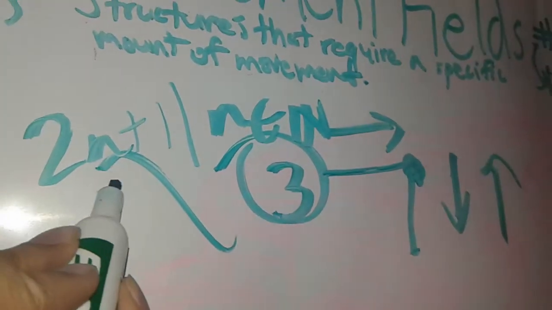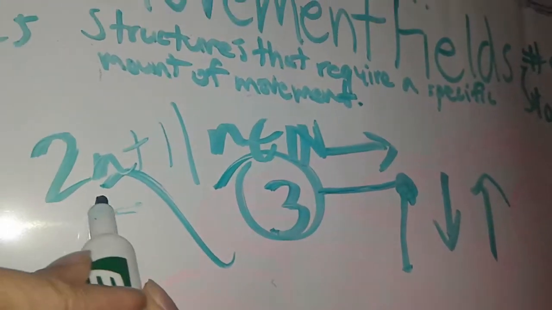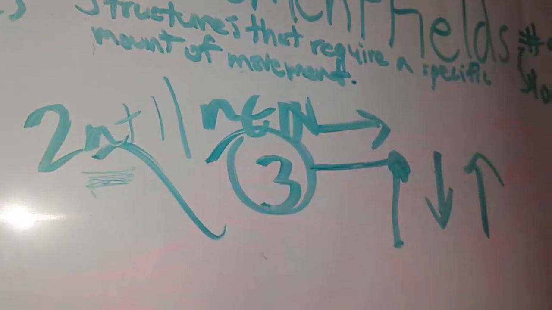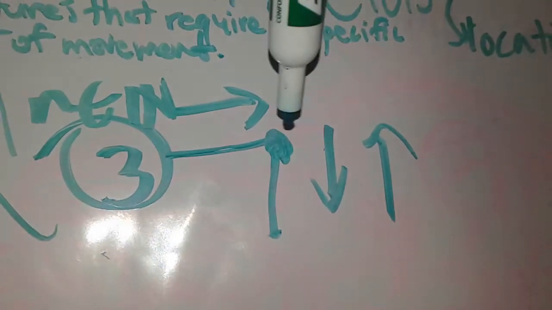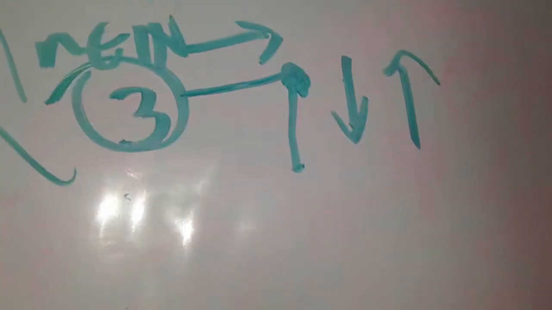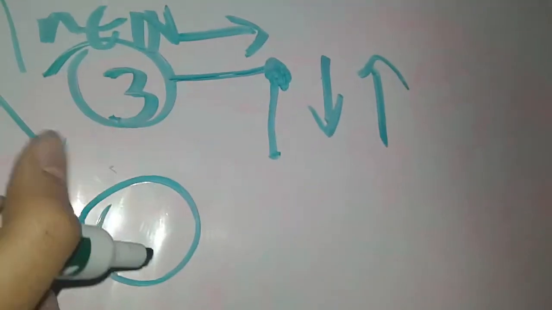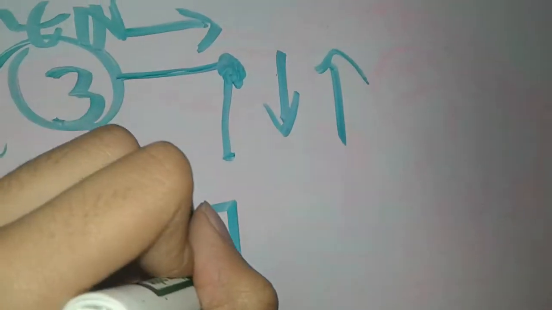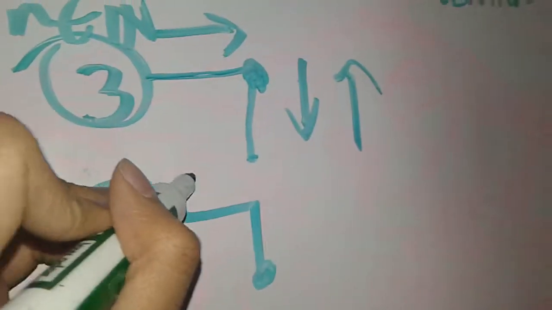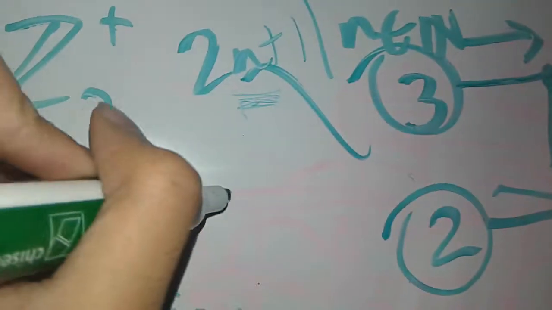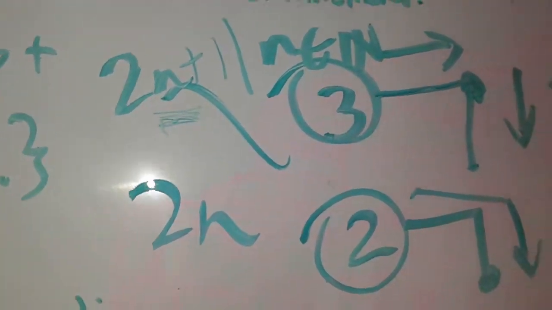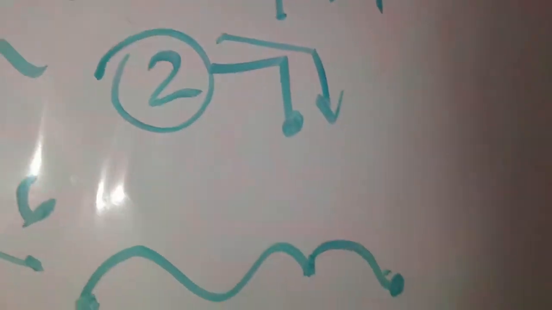Well, for n, if n is 0, then it has to be 1. And the same applies where you go 1, and you're at the same point. Same for even numbers: 1, 2. Just 2n, where n is in the set of positive integers.